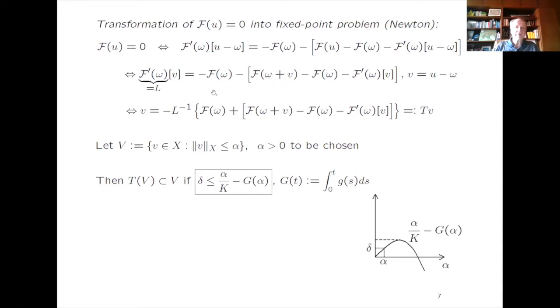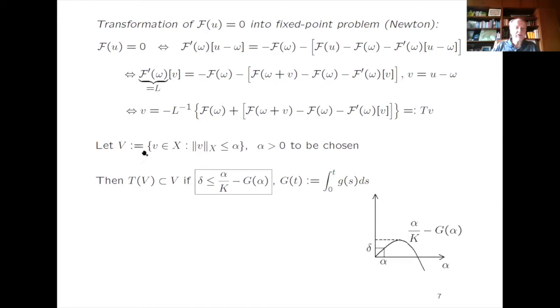All right, and now, since we know by our assumptions and further calculation that this L is 1 to 1 and onto, so it's bijective, we can invert it in the equation, and then this gives us our fixed point operator, and that gives us our fixed point problem. And now, by our assumptions on these numbers delta, k, and little g, we can control this term by delta, we can control this term by k, we can control this term by little g, and that gives rise to the following statement.